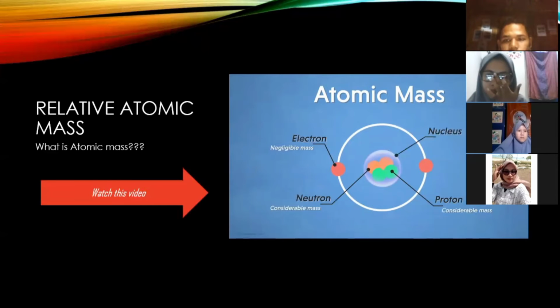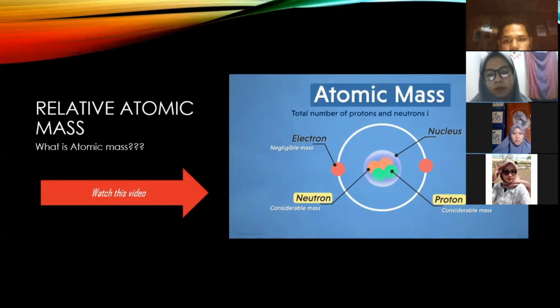Shall we consider only the mass of protons or only the neutrons or both together? Well, since both have a significant amount of mass, we will consider the mass of both together. Hence, the atomic mass is defined as the total number of protons and neutrons present inside the nucleus of the atom. It is also referred to as the mass number.